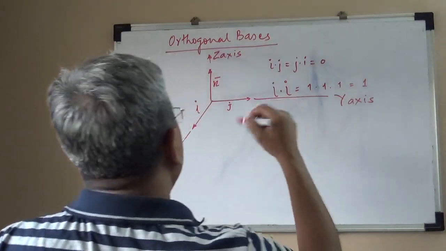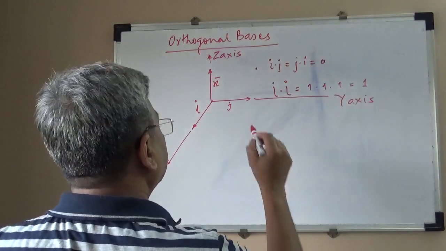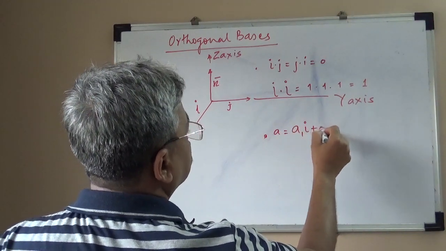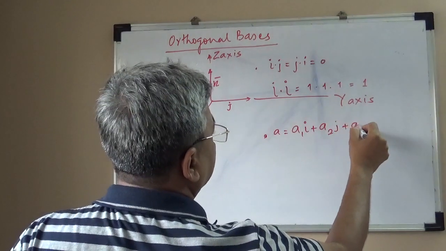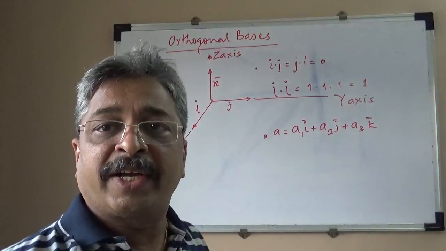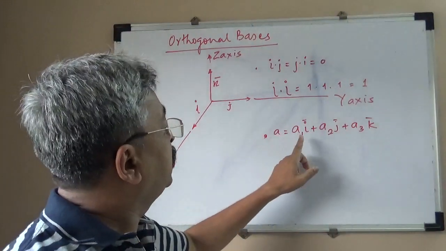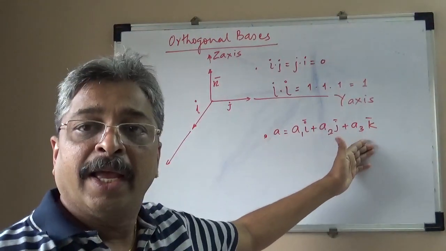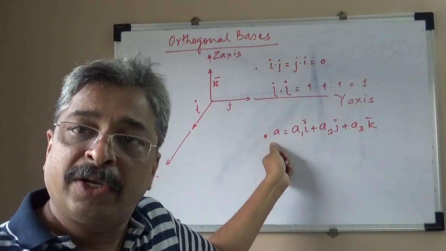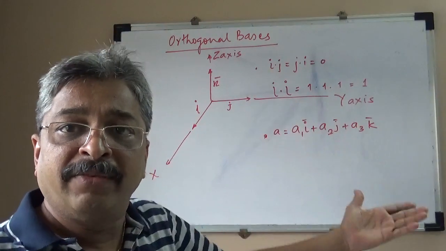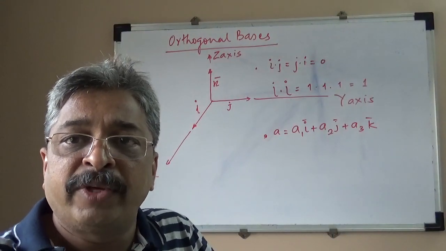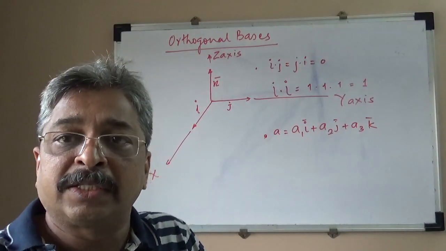And therefore if we take any point in space, A, and decompose it as A1 i plus A2 j plus A3 k, a linear combination of i, j, k with scalars A1, A2, A3 producing the vector A, that is what we learnt in previous lectures: we can produce any vector in this 3-dimensional space using the base vectors i, j and k.